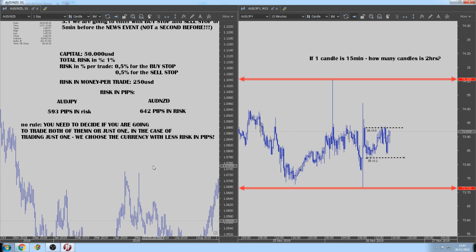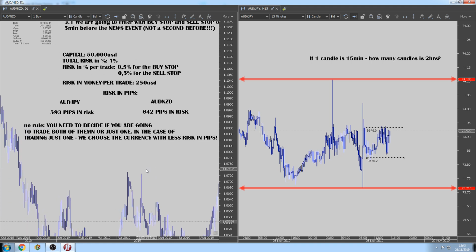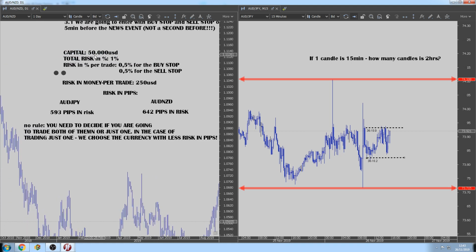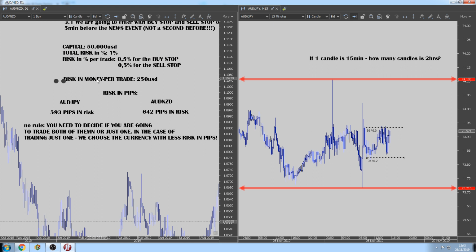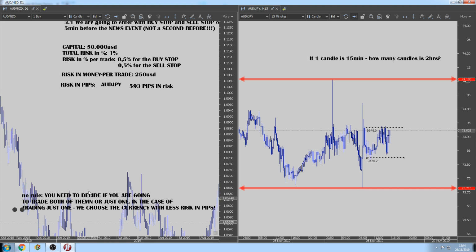I chose only one. Now I know that I have $50,000 in my account. I want to risk 1%, right? So I'm going to delete AUDNZD, bye bye. Risk in pips, we are talking about AUDJPY, right? We're going to put this down here.